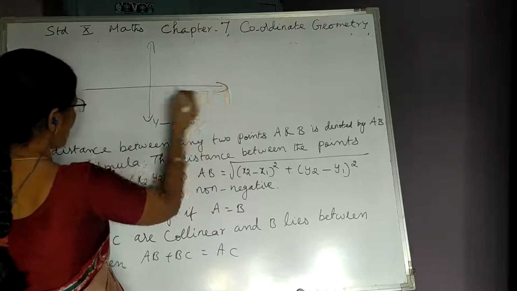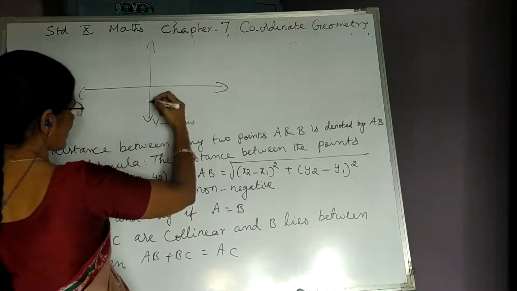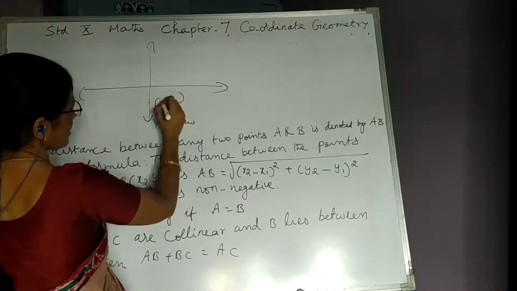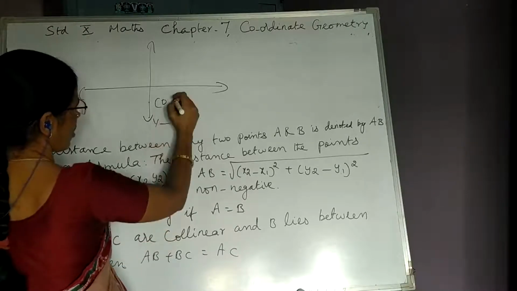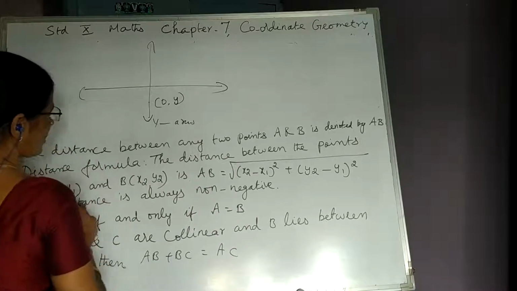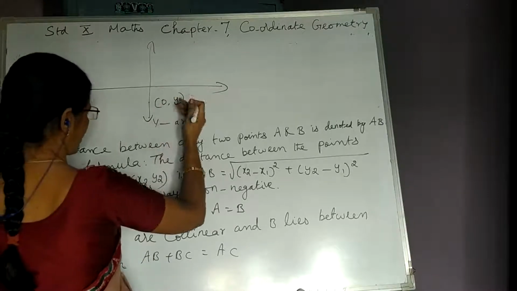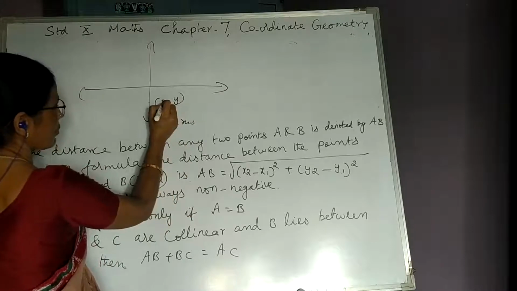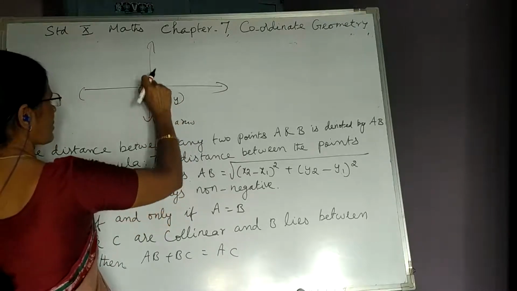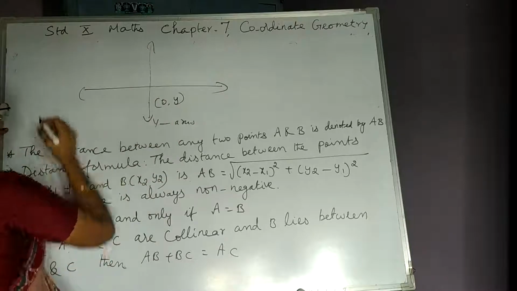If you take any point on this y-axis, the x-coordinate will be 0, remember. Any point on the y-axis is of the form 0, y. So y can be any number including 0, whereas the x-coordinate will be 0 at all the points of the y-axis.